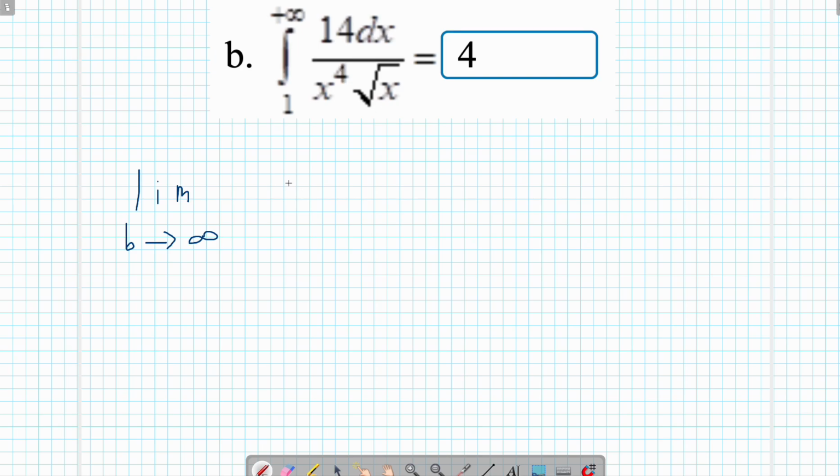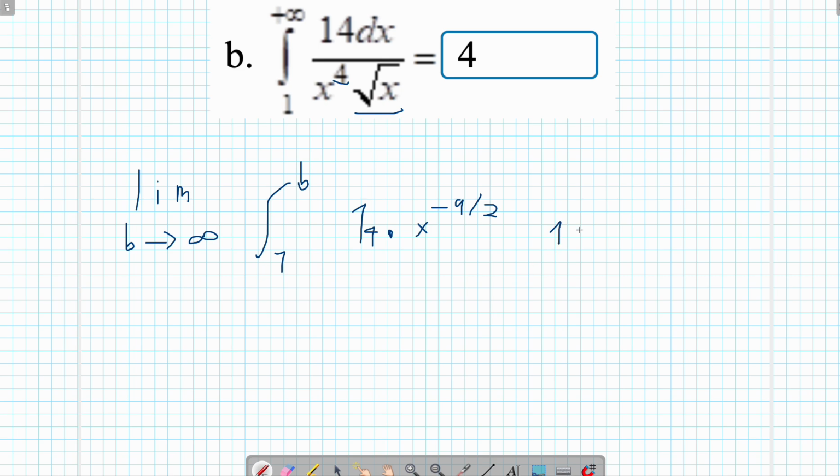Then we're going to integrate from 1 to b, 14 times, what we're going to do is add 4 plus 1 over 2, since radical x is x to the half. We're going to get 9 over 2, take it up, it will become 14 times x to the negative 9 over 2, then integrate.